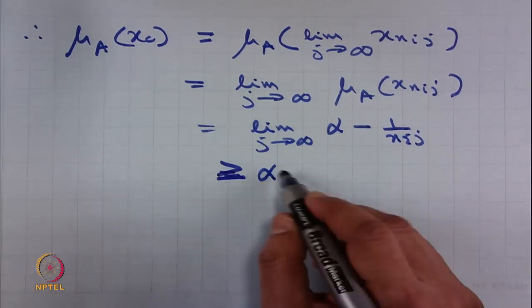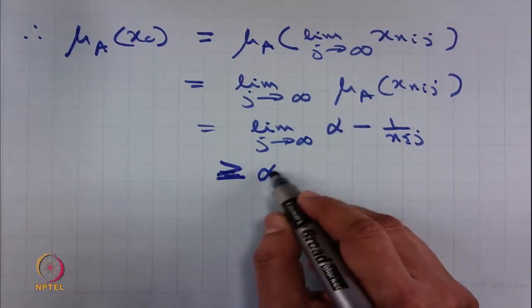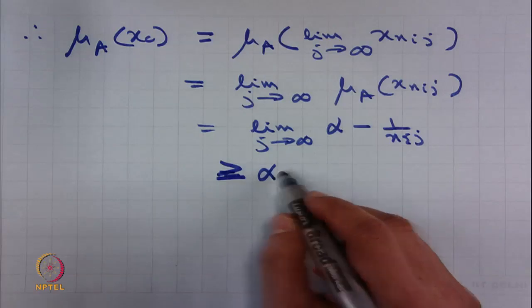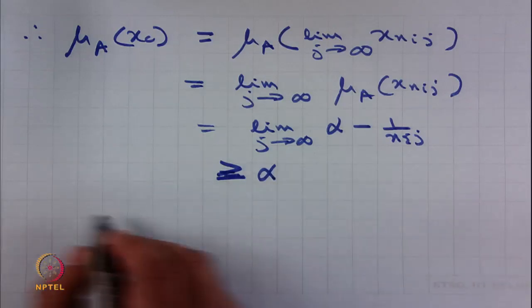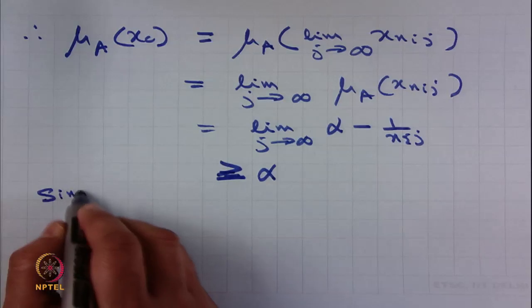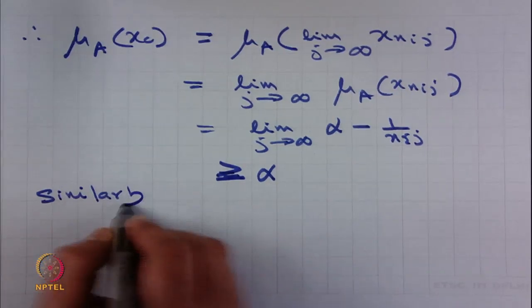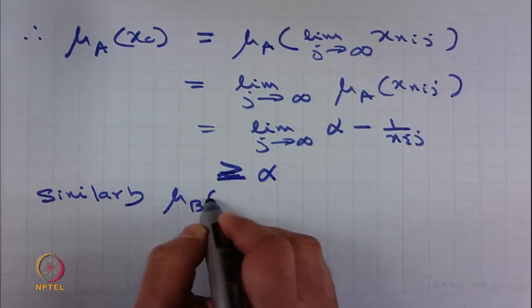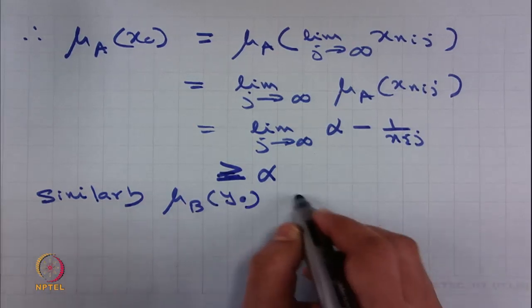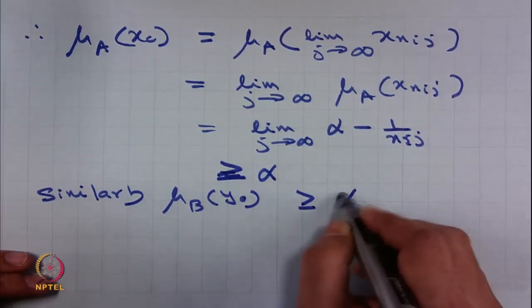Greater than or equal to alpha. Similarly, mu b of y naught is also greater than or equal to alpha.